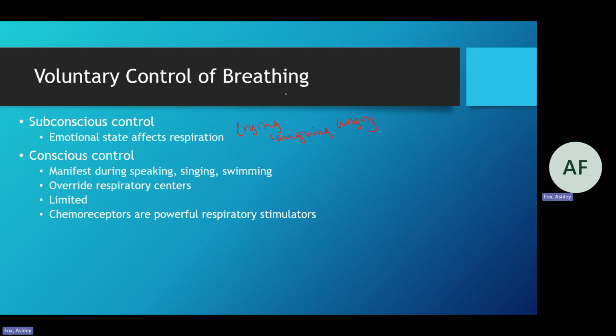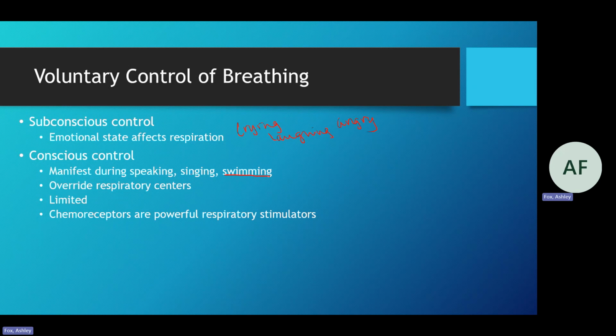But it's not normal breathing. This isn't just the medulla oblongata having your normal rhythm, in and out, all of those things. This is changing based on your emotions. We also have conscious control where, when you are swimming, you hold your breath, and then you take a breath at a certain spot.